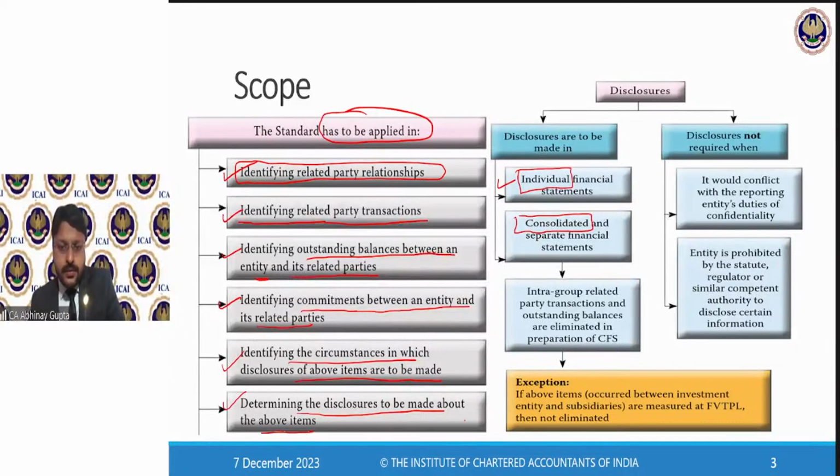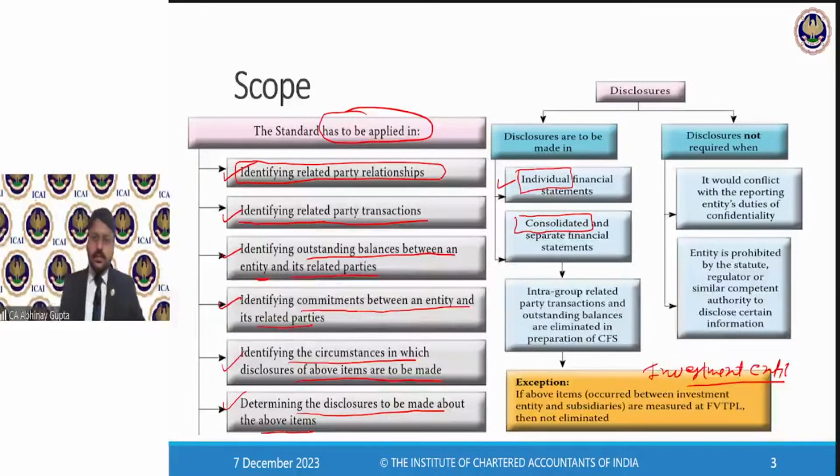But if the holding company is an investment entity, right? So it does not consolidate its subsidiary, right? For example, mutual funds, insurance companies, asset management companies, all these funds who basically purchase the shares of other companies only for the purpose of investment.